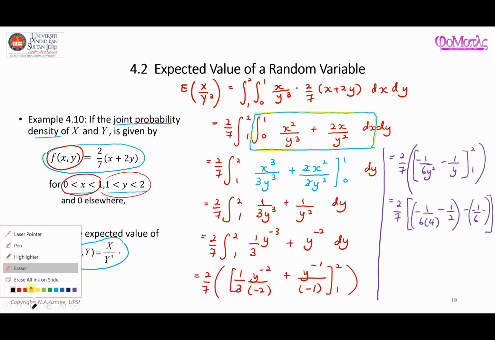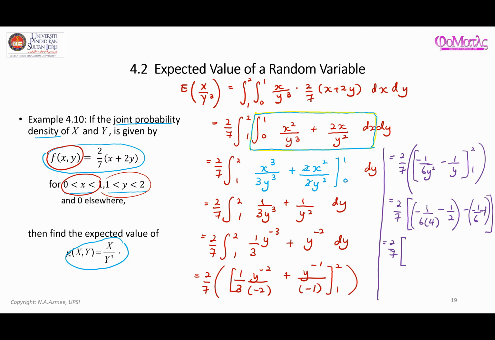So minus 1, minus 1. All right, so what we have is 2 over 7 times negative 1 over 24 minus 1 over 2 plus 1 over 6 plus 1. Okay, so that's what we have.